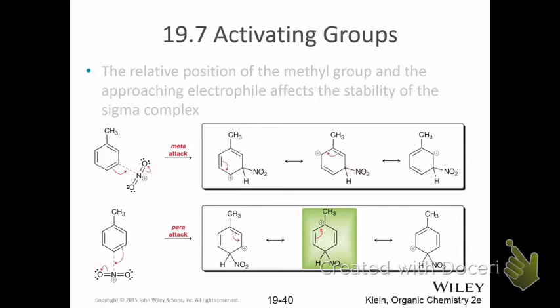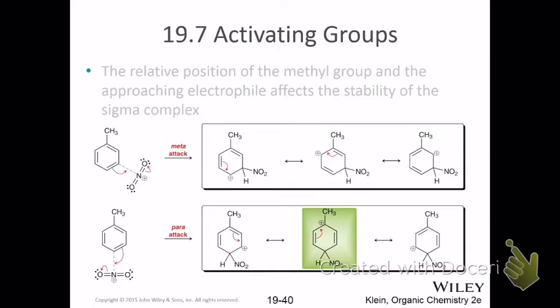Here's the meta attack. So when it attacks in the meta position, right, you get a positive charge here. Then resonance takes the positive charge next to here and to here. So you never end up with that tertiary carbocation on the ring. You never get that electron or inductive effect to stabilize the positive charge.